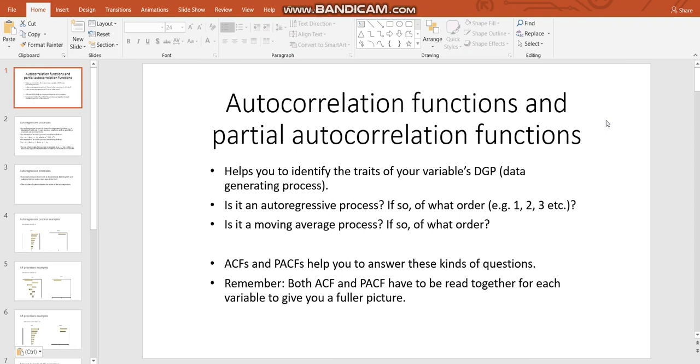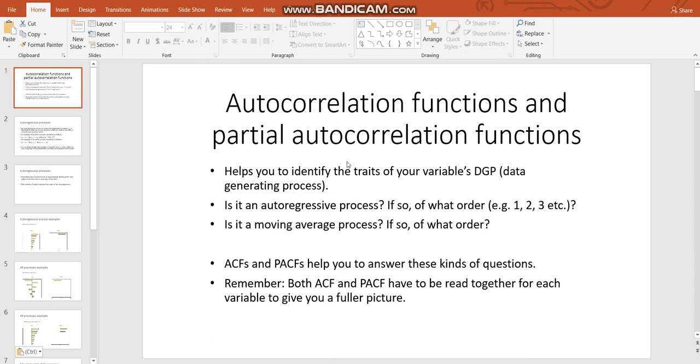Today we're just going to be talking about autocorrelation functions and partial autocorrelation functions. I think the main part of this video is really directed towards being able to look at the traits of your variable's data generation process and determining whether or not it's characterized by either an autoregressive process or alternatively a moving average process.